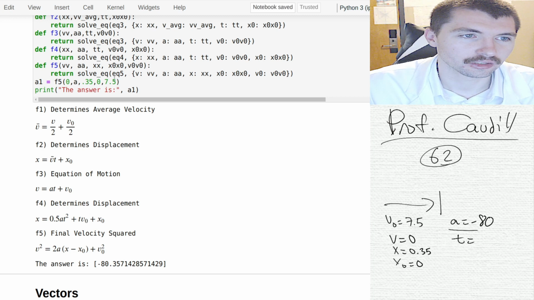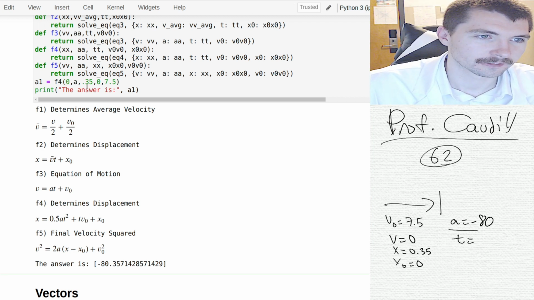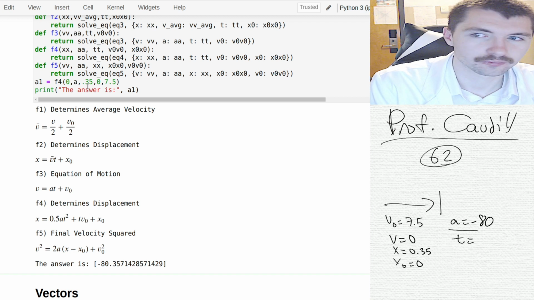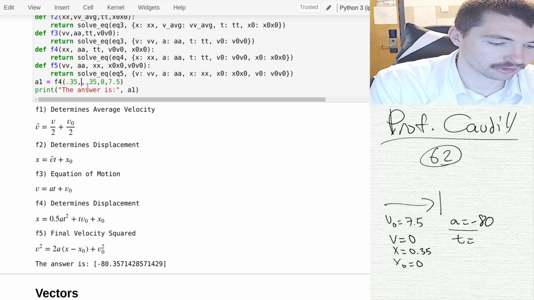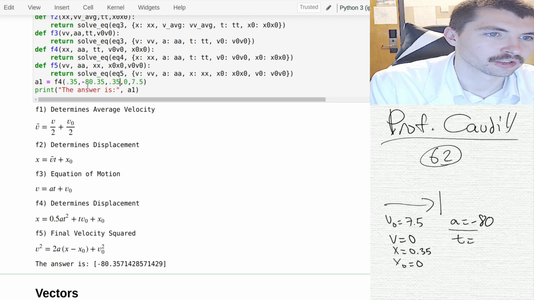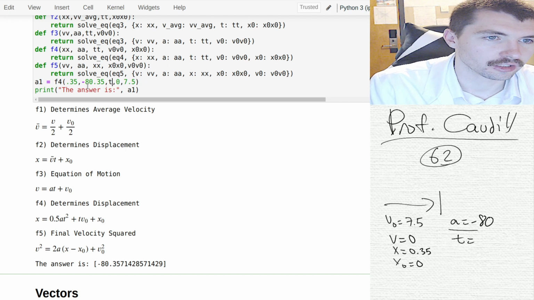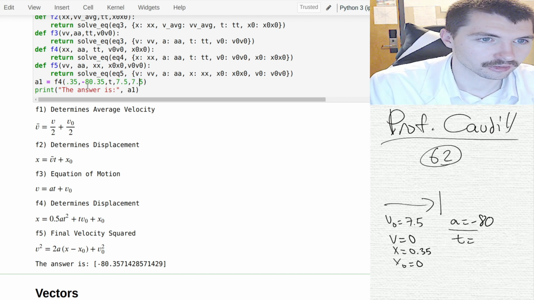All right, so we're going to change this to F4. X is 0.35. A is negative 80. T is what we're solving for. V naught is 7.5.